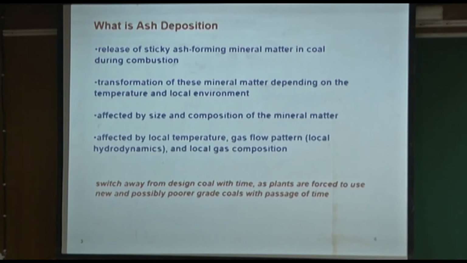Transformation of those mineral matters also happens very quickly, because of the temperatures that you have seen, 1600 degrees Celsius. Some of the compounds melt at very low temperatures, especially the silicates. And if you have sodium in the matrix, it will melt at an even lower temperature. And if it is all present in a reducing environment as opposed to an oxidizing environment, then it melts at an even lower temperature.